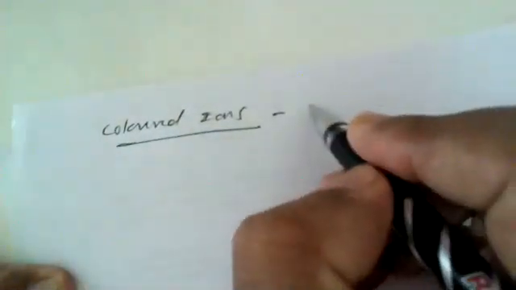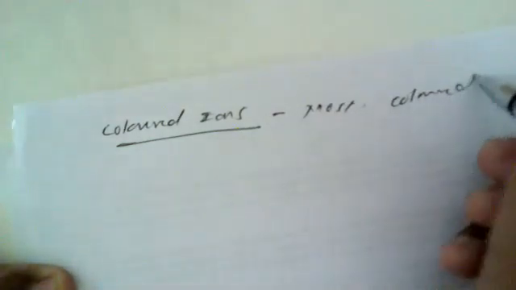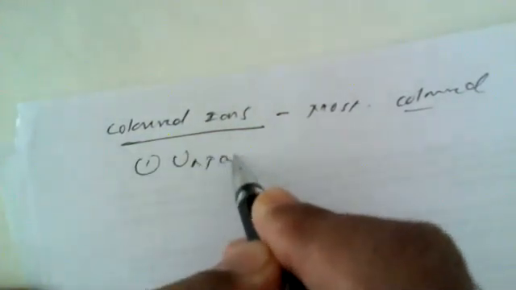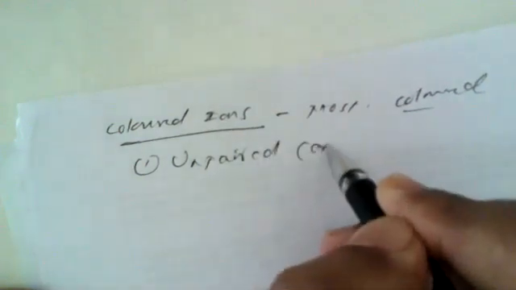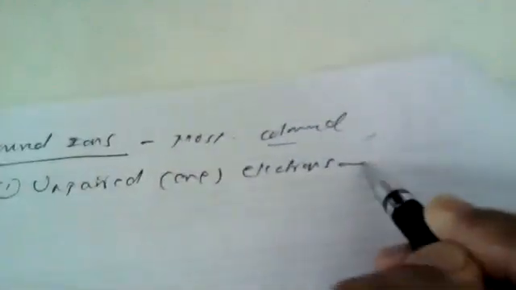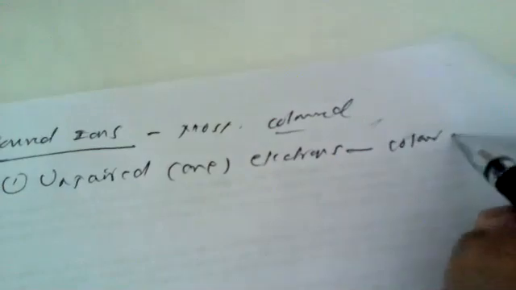So, first of all, the colored ions. We have seen the majority of these d block elements are colored. What is the reason? If these d orbitals contain at least one unpaired electron, then the atom or ion appears to be colored.